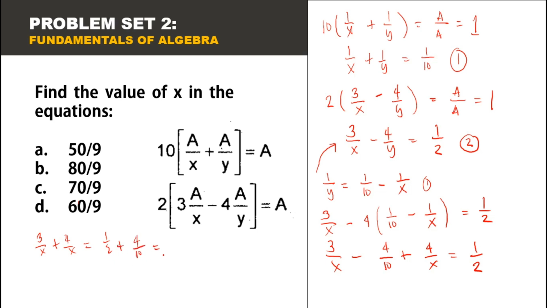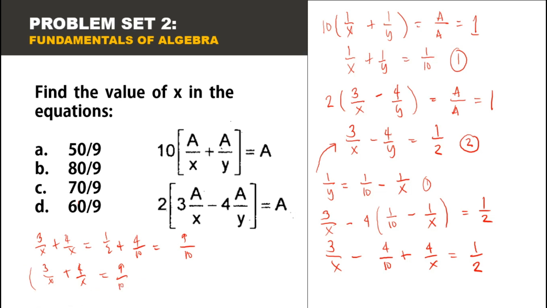So we have 1/2 plus 4/10, this is 9/10. So 3 over x plus 4 over x equals 9 over 10.